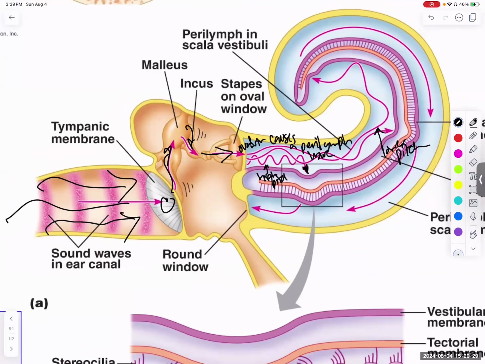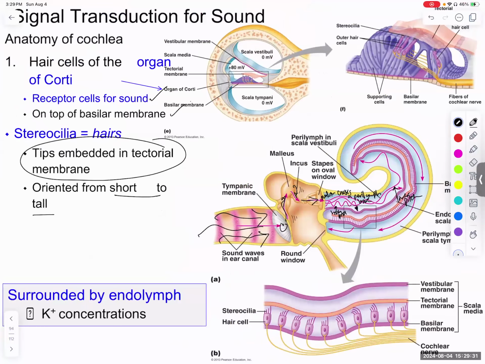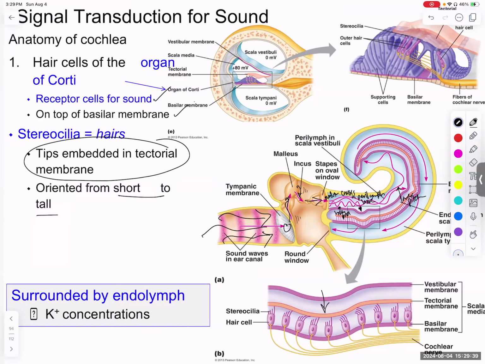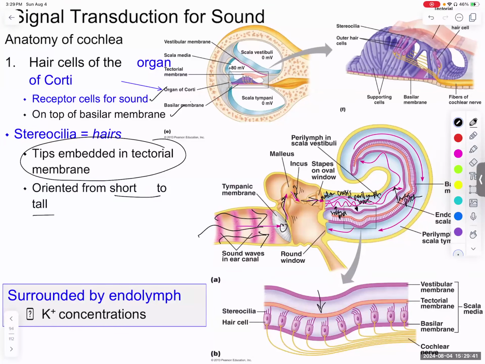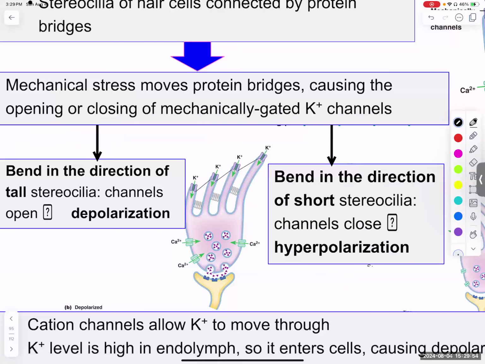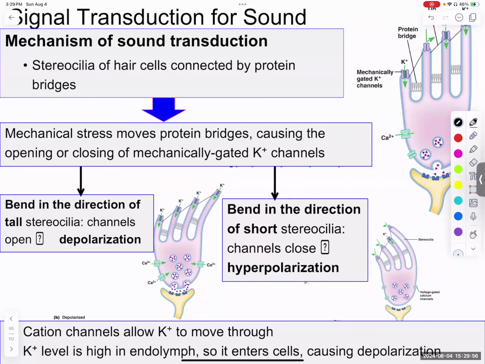It hits the vestibular membrane, and that membrane is going to bend the tectoral membrane. As it bends these little hair receptors, they are mechanoreceptors. The endolymph has a really high concentration of potassium outside. And so it works a little differently in that the bending of the little hairs, they have mechanically gated potassium channels at the ends of each hair.